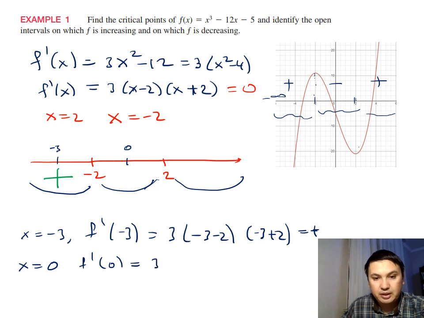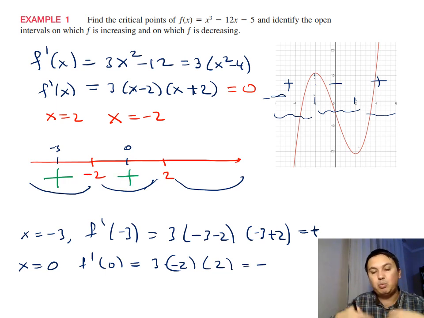Well, this is 3 times minus 2, and x plus 2 is just 2. So this is negative, right? So here I see that my function is negative. You don't have to check every single point, you just check one point, because we already determined 2 important points where we might have some changes in the sign.